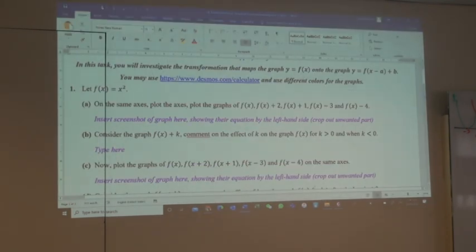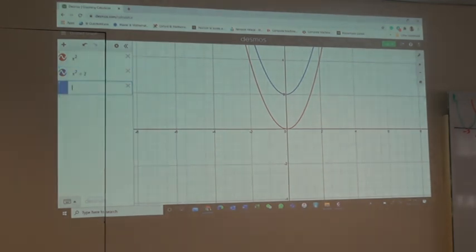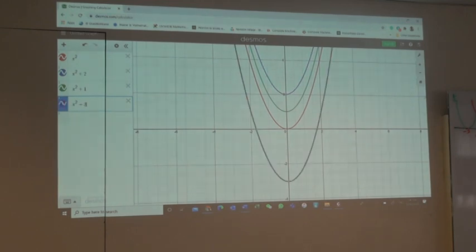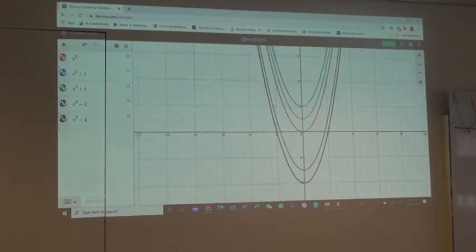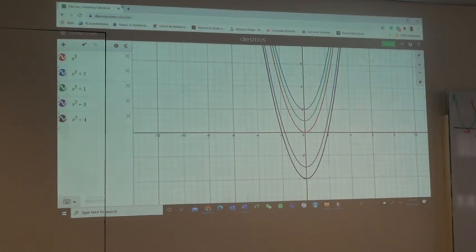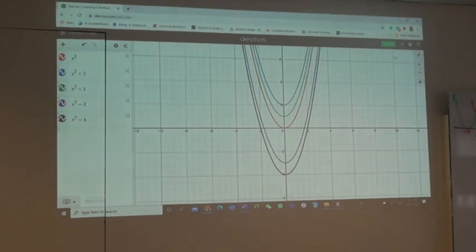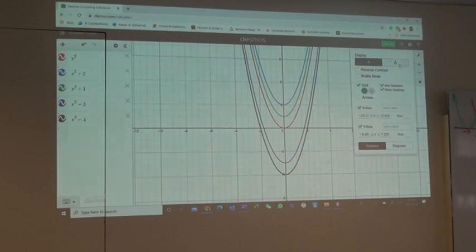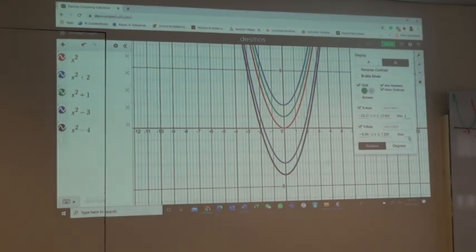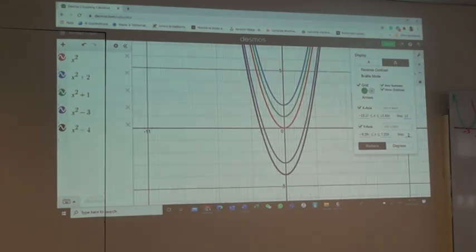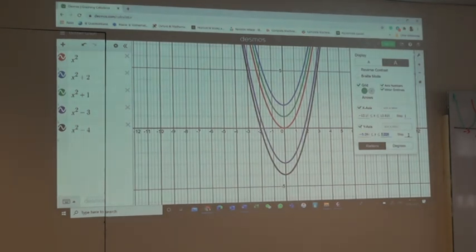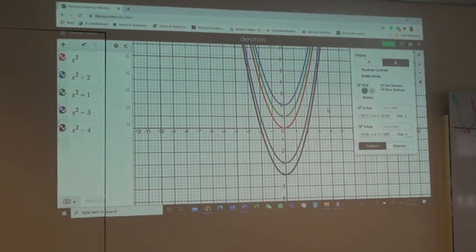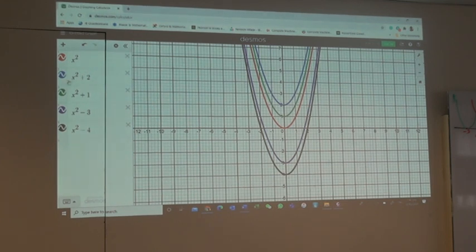Plus 2, plus 1, minus 3. There's a minus 4 also? Why did I put so much? That's okay. Can we see? Yes. Let's connect each of them to the original function. One sec, please. Oh no. Okay, it's bolder. Let's connect each of them to the original function.